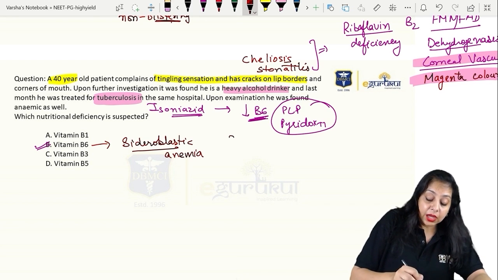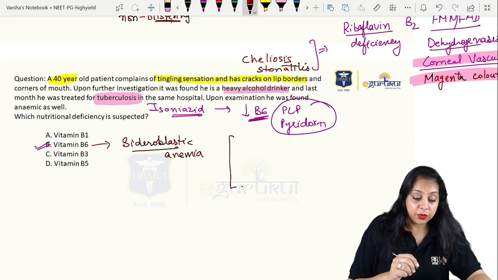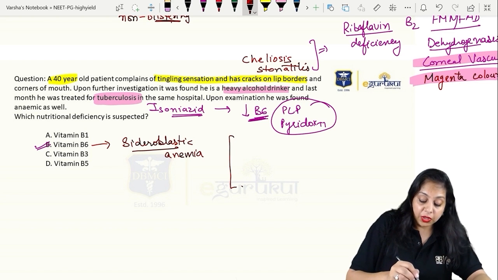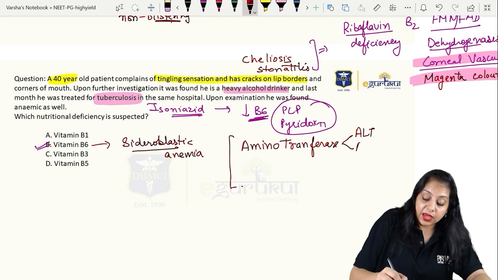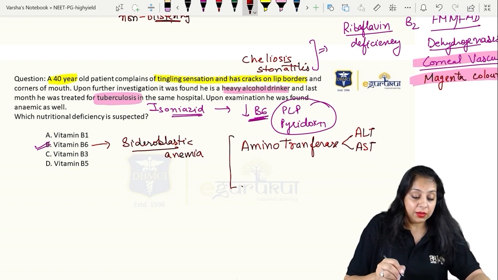Another question that was once asked was which enzymes use vitamin B6 or PLP as a coenzyme. You should know that the aminotransferases or transaminases, your ALT, your AST, utilize vitamin B6.